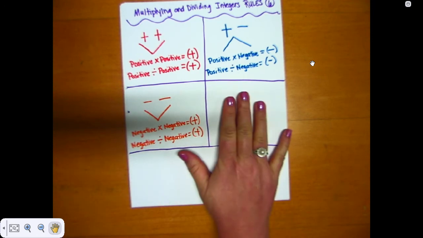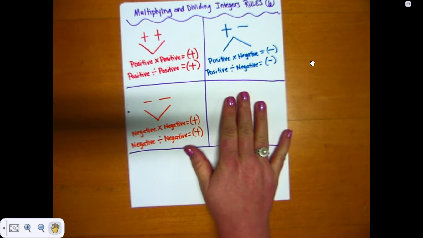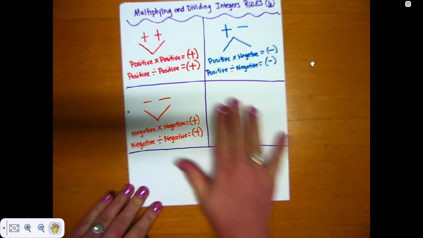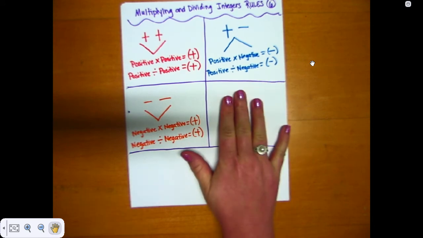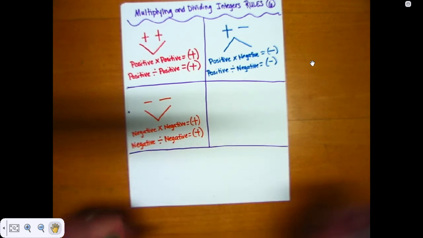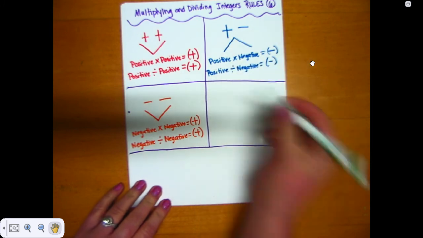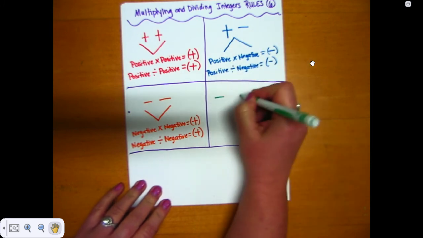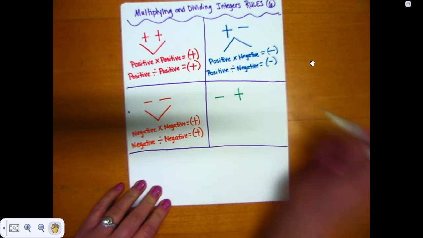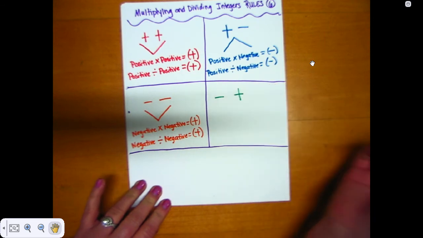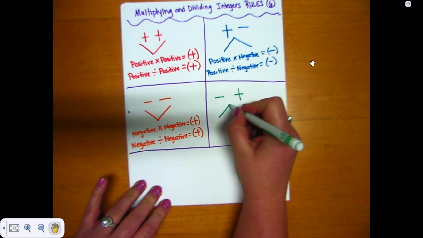And I left this one, technically we know about the commutative property. We talked about the commutative property and it didn't matter what order it was. But let's go ahead and mark this so we won't forget it. We could also do a negative times a positive, which is the same thing as here, but we're just going to write it. A negative combined with a positive, multiplying or dividing, of course, is negative.